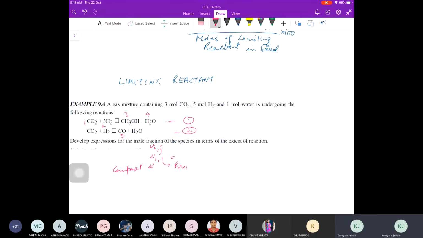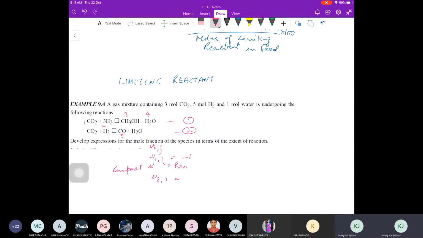-1. -1, right? So nu component 2 reaction 1, what will it be? Component 2 is what? Component 2 is hydrogen, right?